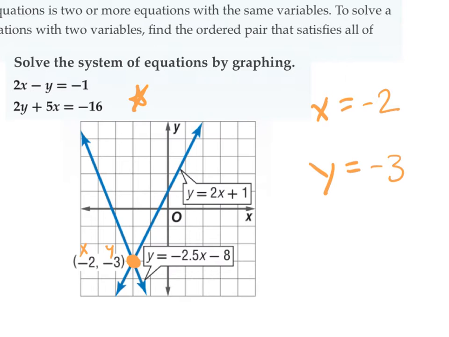So we could plug -2 into our equation for x and -3 into our equation for y, and we'd be able to solve both of them. So we're just focusing on where the two lines of our graphs intersect, and that's our answer.